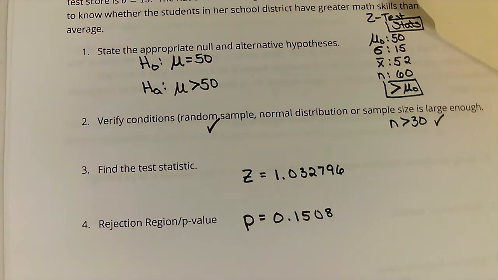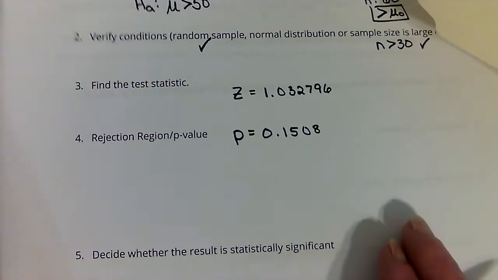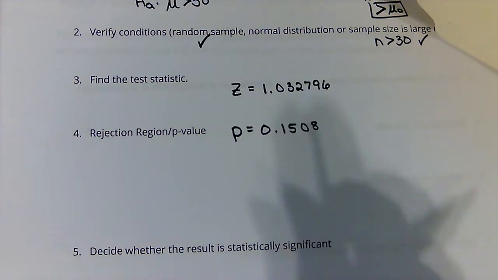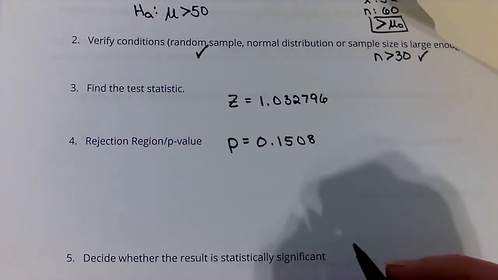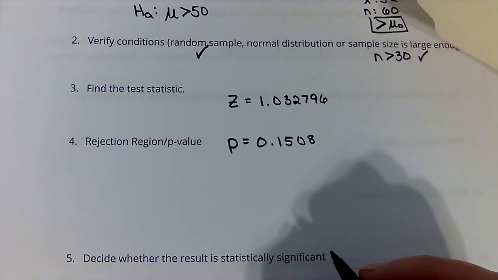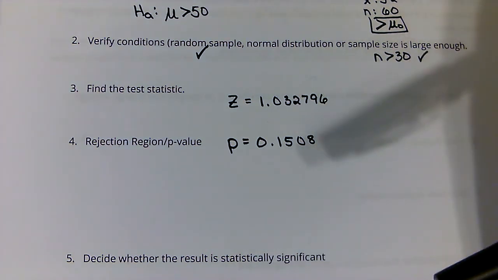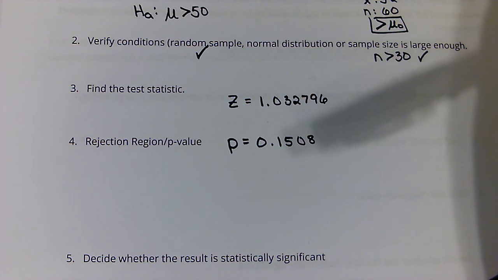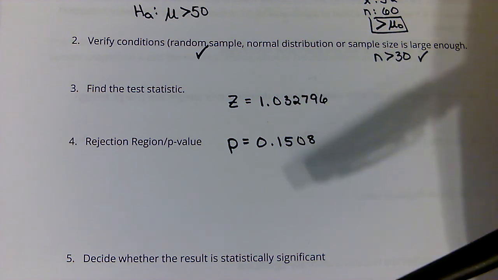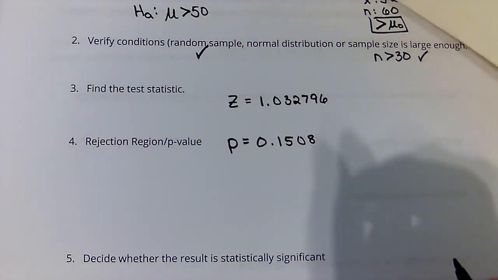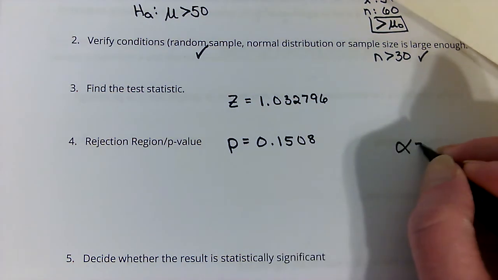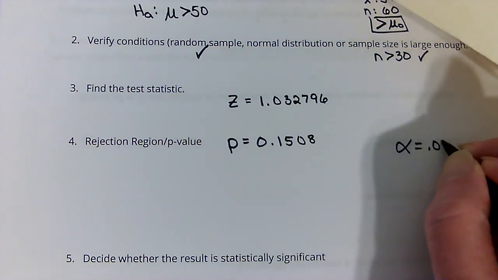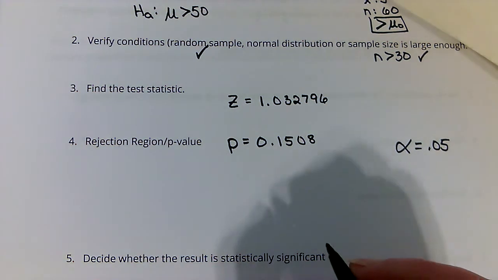And we need to decide whether the result is statistically significant. So the way we make that decision is we compare it to the alpha, which I'm looking to see if they gave it to us. They did not. They would have to give it to us, so let's assume that alpha is 0.05. And we're going to have to go with that.